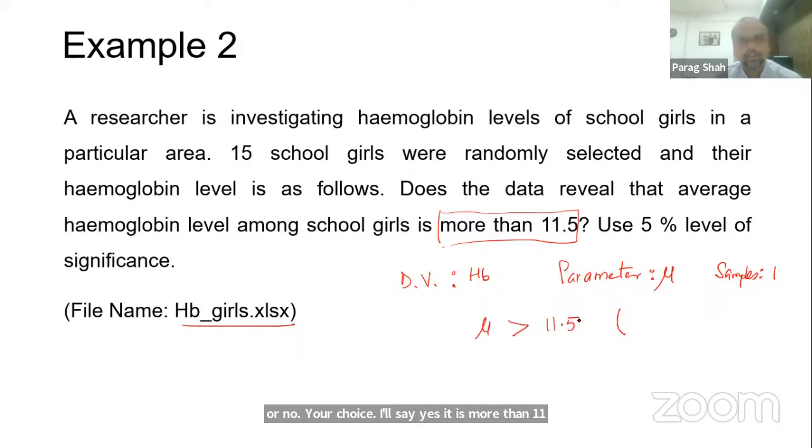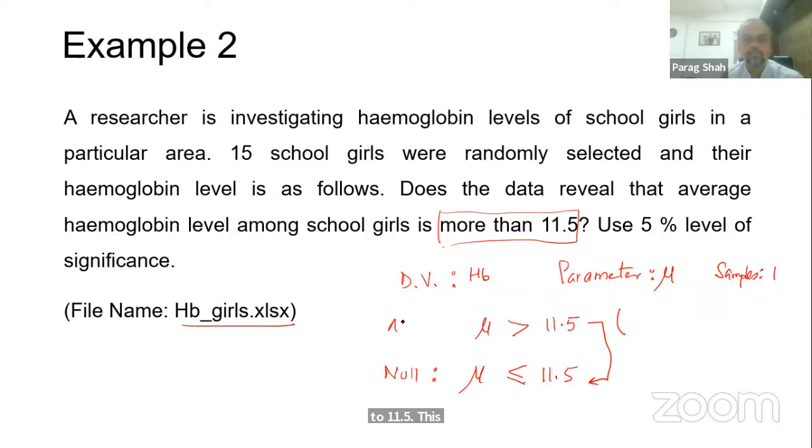What will be complementary to this? It is more than. So what is left out? Less than or equal to 11.5. This becomes our null hypothesis. This becomes our alternative. Easy? Perfect, Prashant.